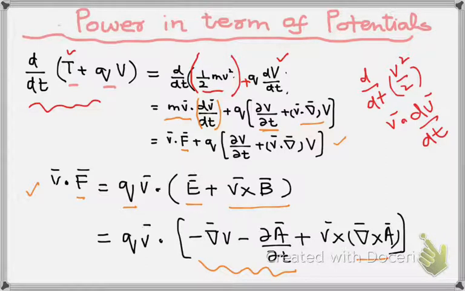Now we have to apply the dot of v with all these three terms, but you can see that v dot v cross del cross A will be equal to 0, because this dot and this cross term can be interchanged, and the divergence of curl is equal to 0, so this term will be equal to 0, and we are left with only two terms.